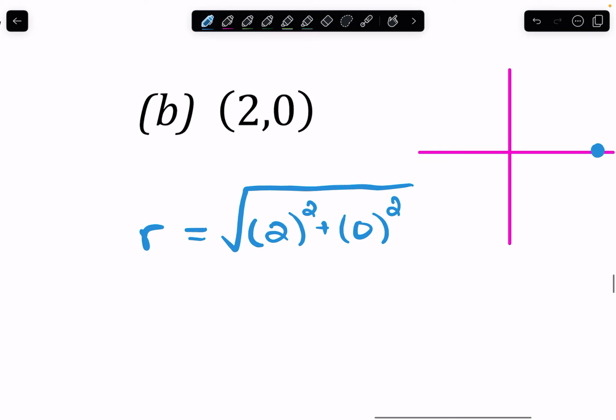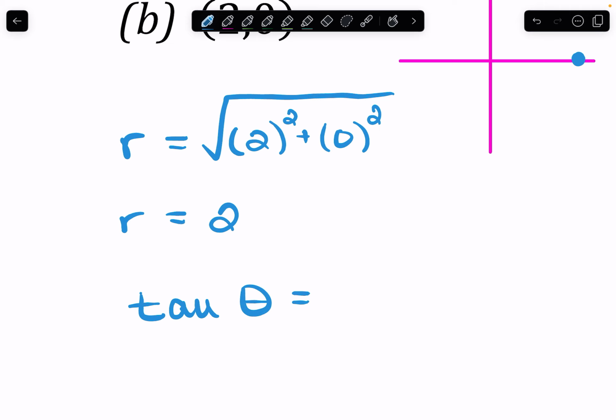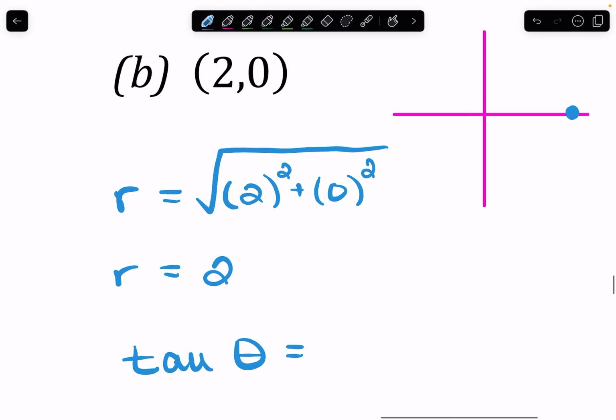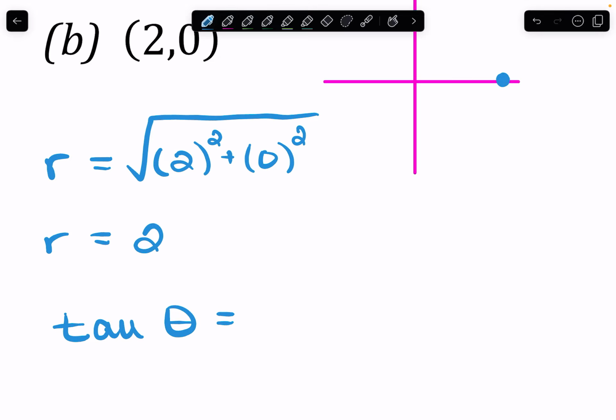So r is 2, because 2 squared is 4, plus 0 squared is still 4, square root of 4 is 2. For our angle, tangent of theta equals y over x. So 0 over 2, which is just 0.